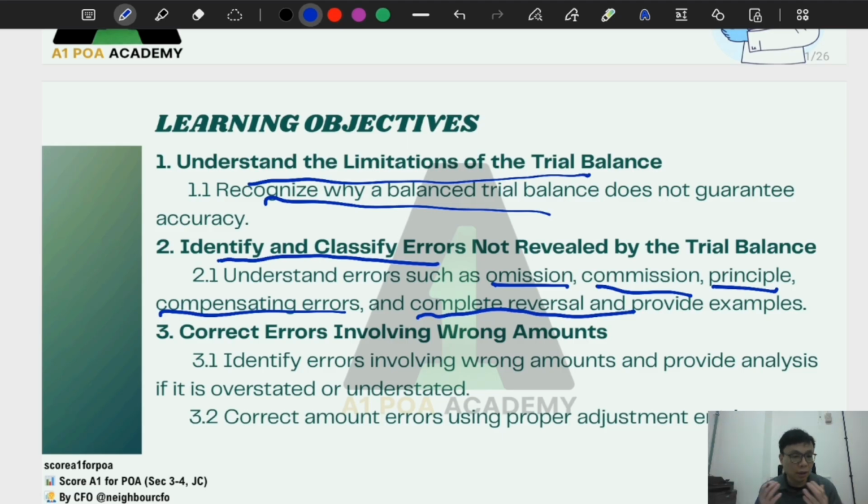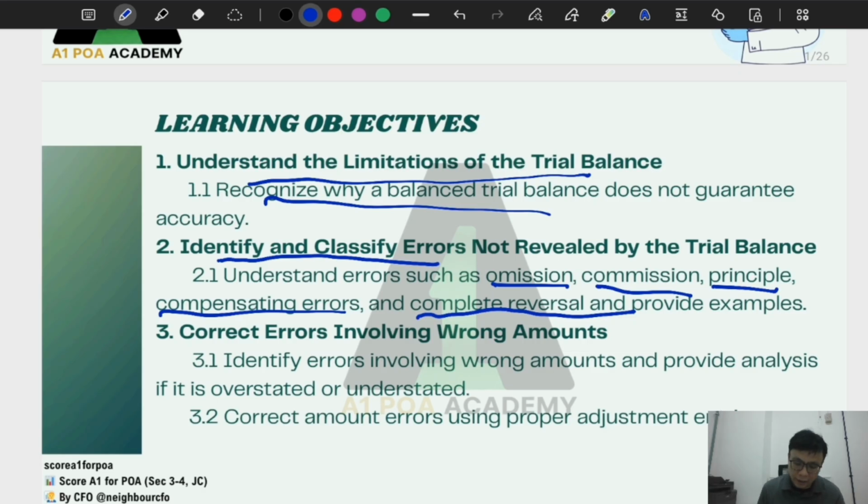We talked about how a TB itself is not able to detect wrong account use, wrong amounts recorded on both sides, or an entry that's completely left out, or vice versa, recorded twice. And we also talked about the reversal of the entry.